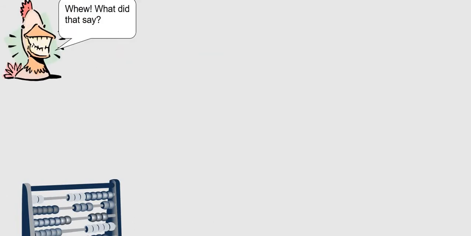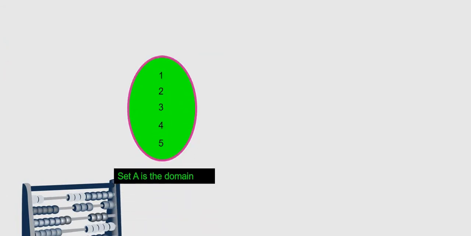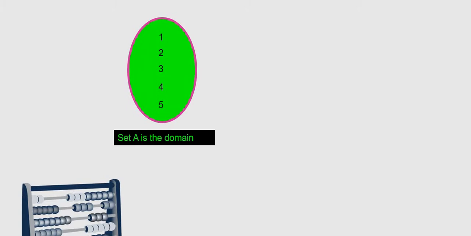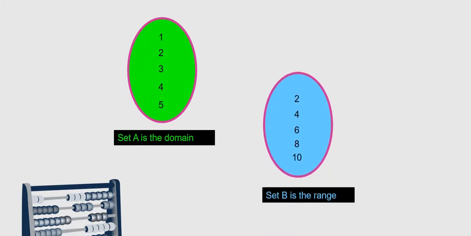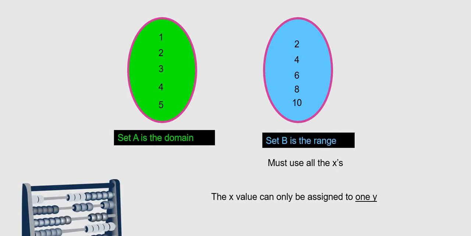What did the definition say? Let's say we have here our domain, and here we have our range. In the definition, it says each element in the domain. That means all of our x's in our set should be used.